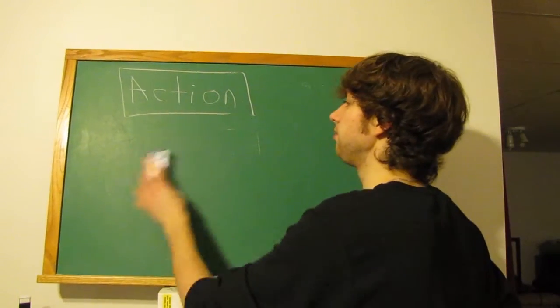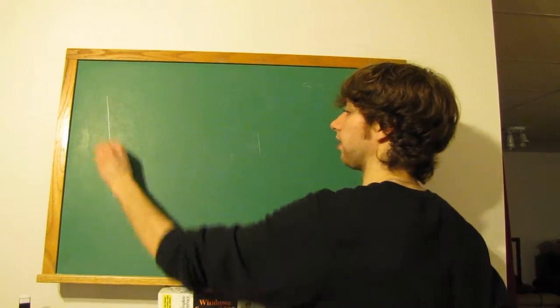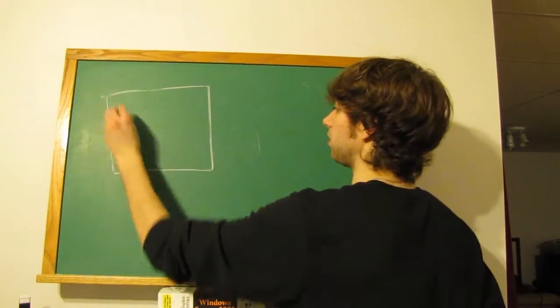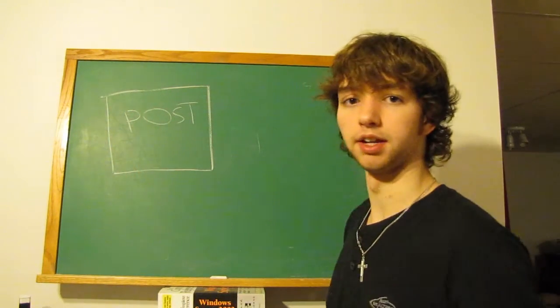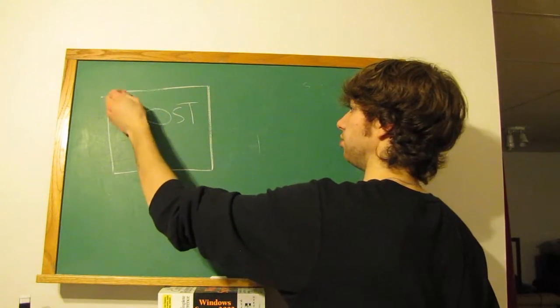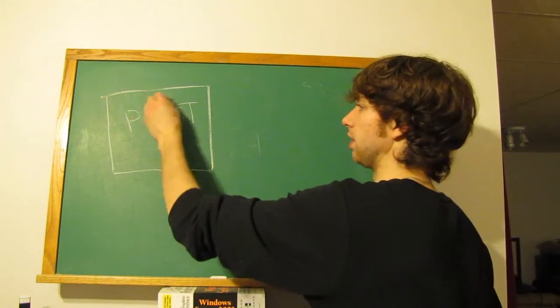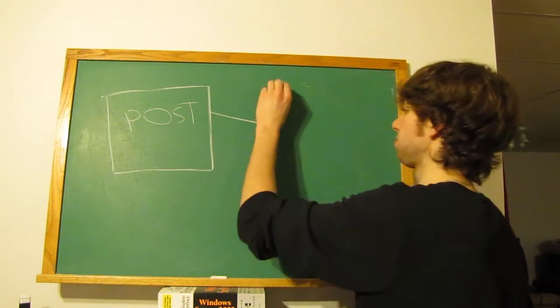What we can do then is, let me draw this out. We had our HTML page, and let's say we used the post method, and the action sent this to a PHP script. So we send these form data to a PHP script.